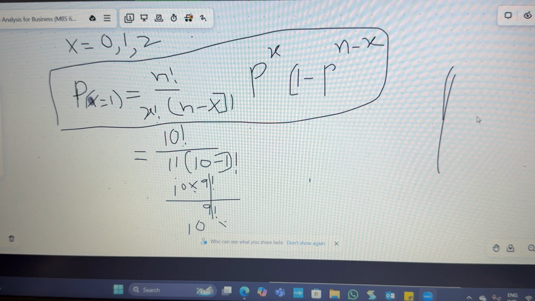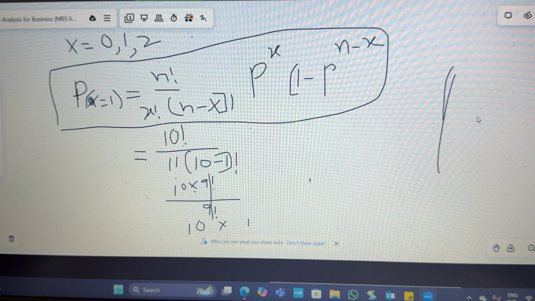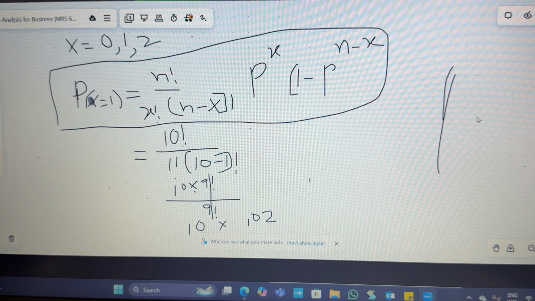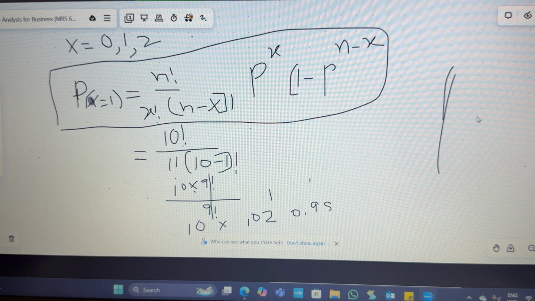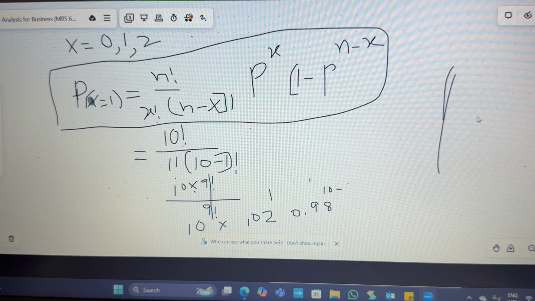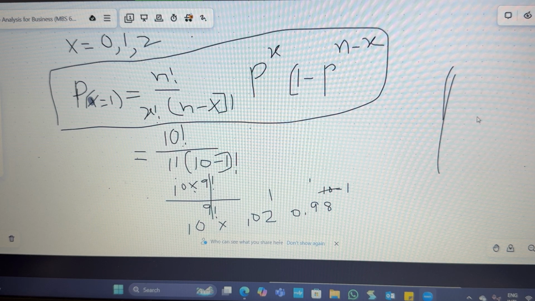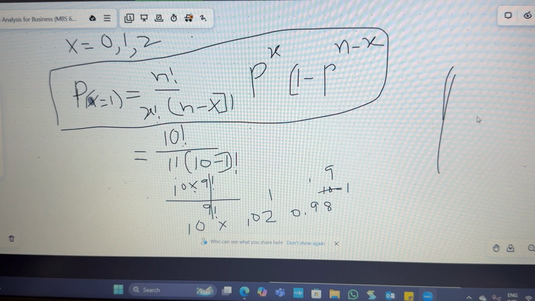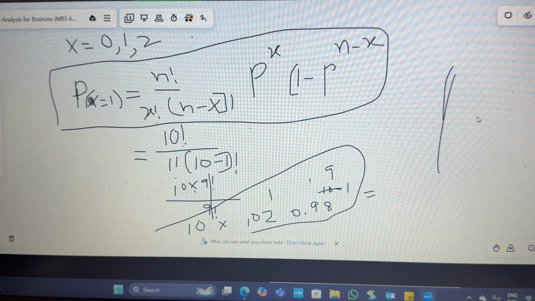Then into p to the power x, so into 0.02 to the power 1, then into 0.98 to the power 10 minus 1, so it means 9. When you summarize this, you will get an answer. Similarly, you may get for 2 also.